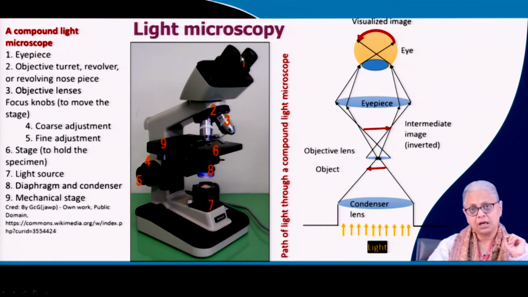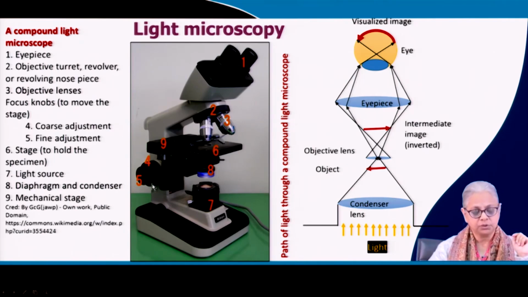Then we have the eyepiece, and the eyepiece is generally a binocular eyepiece to provide stereoscopic vision. If you have a single eyepiece, that will give you no depth information. It will only give you 2-dimensional information. Stereoscopic information is derived with 2 eyepieces, so you get binocular vision, or stereoscopic vision. The better word is stereoscopic vision.